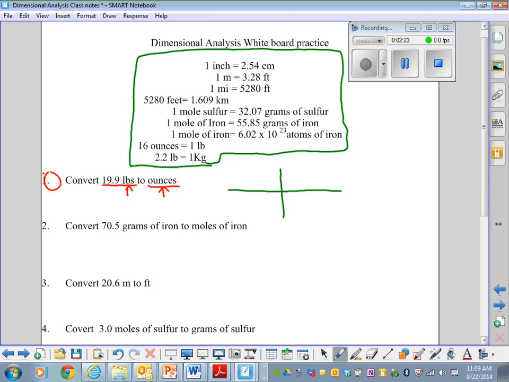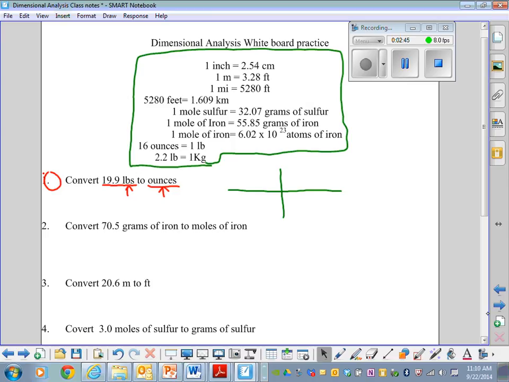All right, so let's talk about how to use the track. The first step you want to do is put the given amount in the top left of the track. So what am I going to put in the top left of my track? The given amount, which is 19.9.